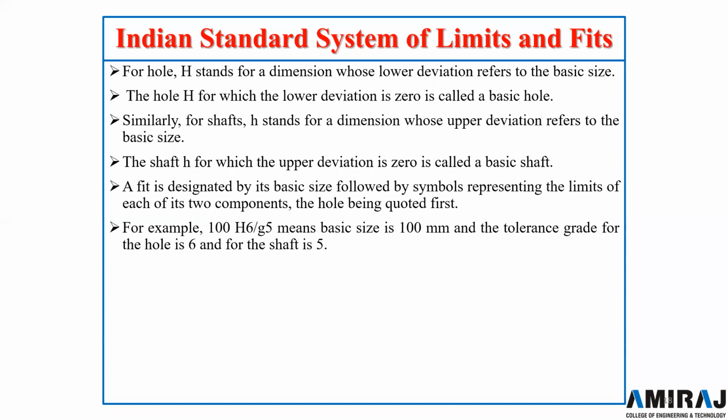Similarly for the shaft, small h stands for a dimension whose upper deviation refers to the basic size. For a shaft it is always the upper deviation, and for a hole it is the lower deviation, that is the basic size. The shaft for which the upper deviation is 0 is called the basic shaft.